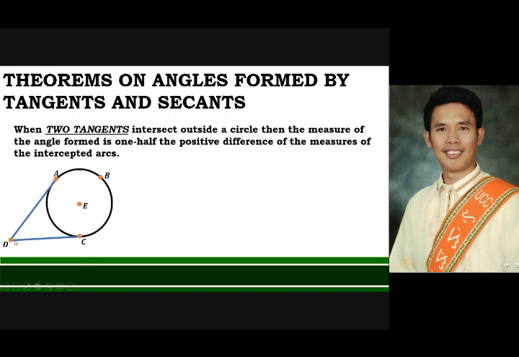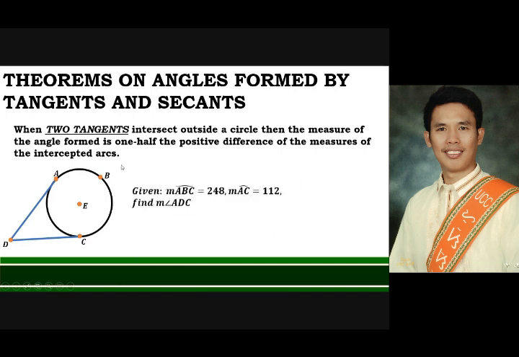We have two tangent lines here. Nakabuo tayo ng angle from your tangent lines, magkakaroon tayo ng major arc and minor arc. Nahati lang naman sa dalawa yung arc na meron tayo, the major and the minor. Same concept, kukunin lang natin yung half ng positive difference ng inyong intercepted arcs.